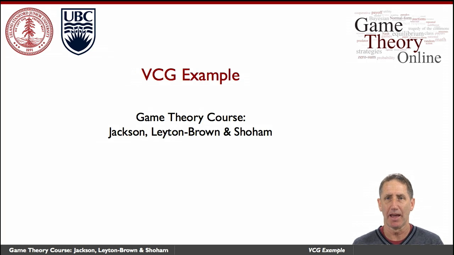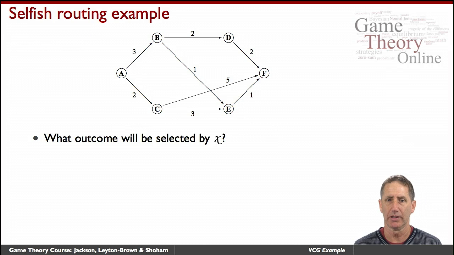Let us look at an example of VCG in action, or the Vickrey-Clarke-Groves mechanism in action, and it'll be a routing, transportation problem. So here is a directed network of links.